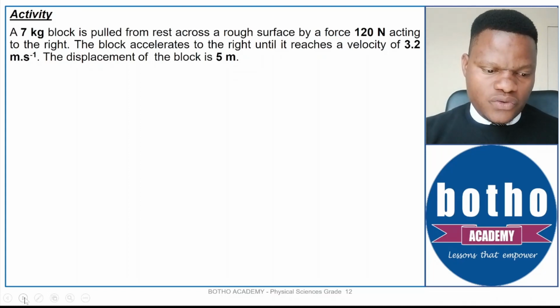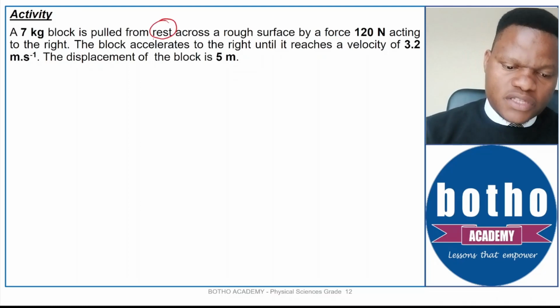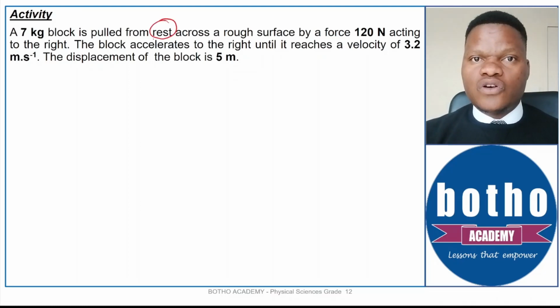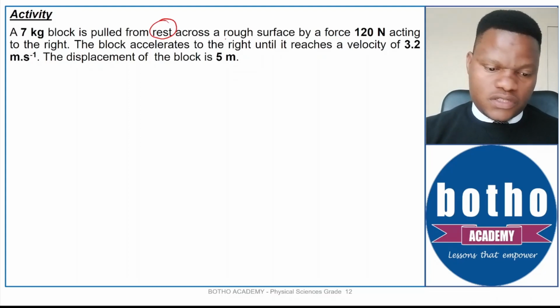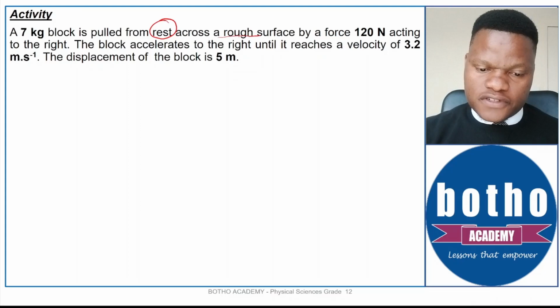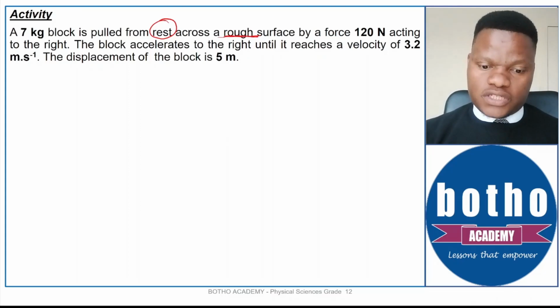In this activity, you have a 7 kilogram block which is pulled from rest. Again, the word rest, we know what it means. It means the initial velocity of the object would have been 0, and it's pulled across a rough surface. Of course, the word rough means here there is a frictional force that is also acting on the object.